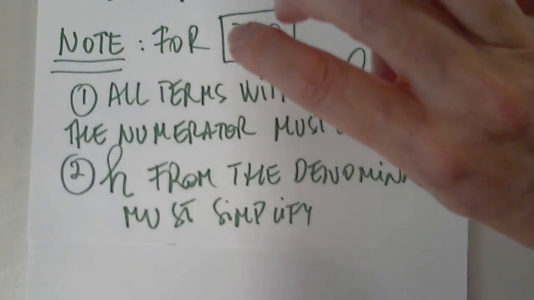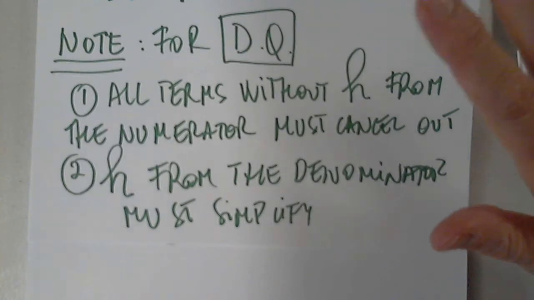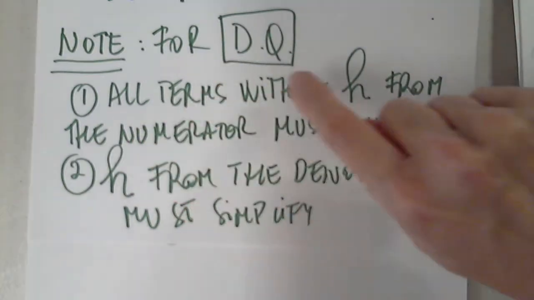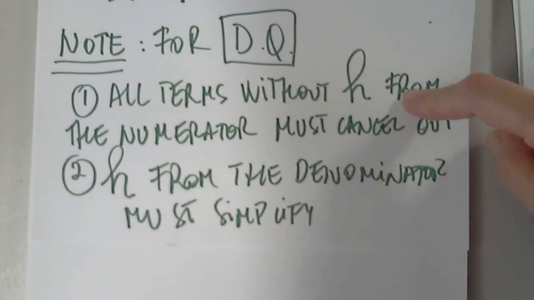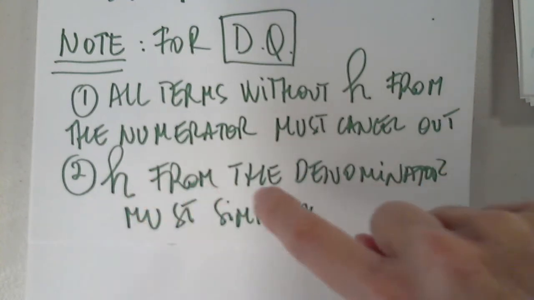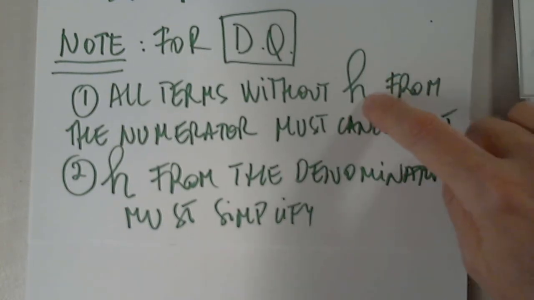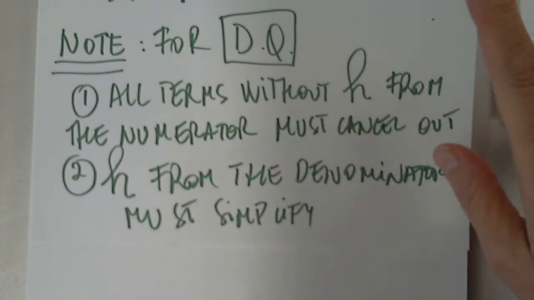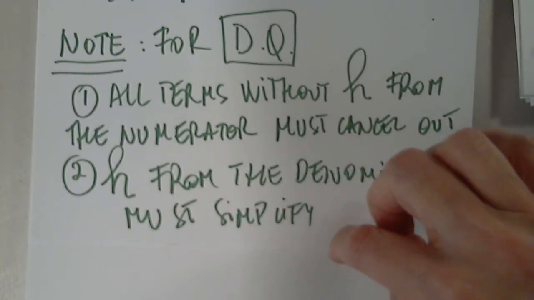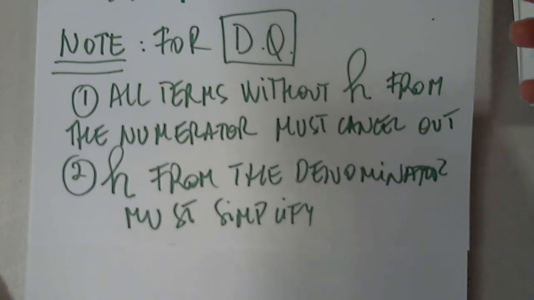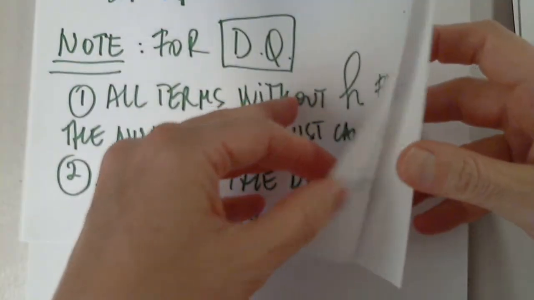So for a difference quotient for any function, 2 things have to happen. All terms without h must go away from the numerator, and h in the denominator must go away. I'm not saying that h will completely disappear from the final form. I'm only saying that the terms without h from the top must go away, and the h from the denominator must go away. But the final form of the difference quotient may still have h in it.